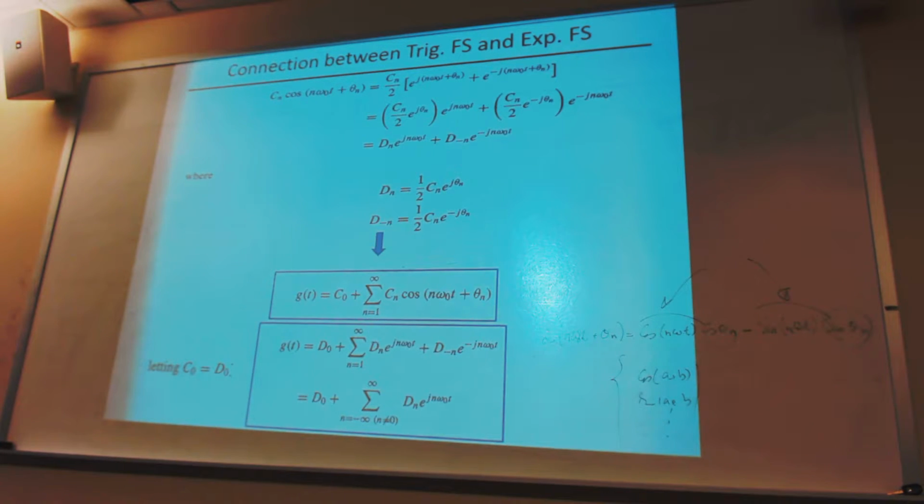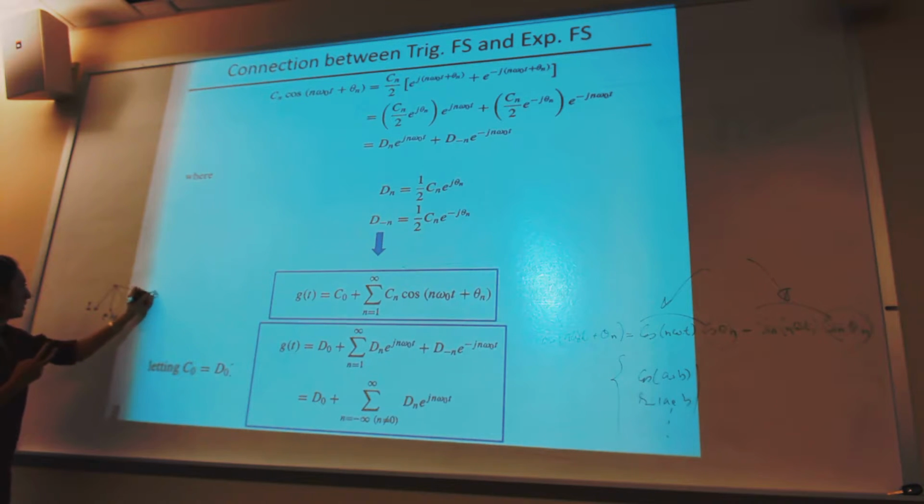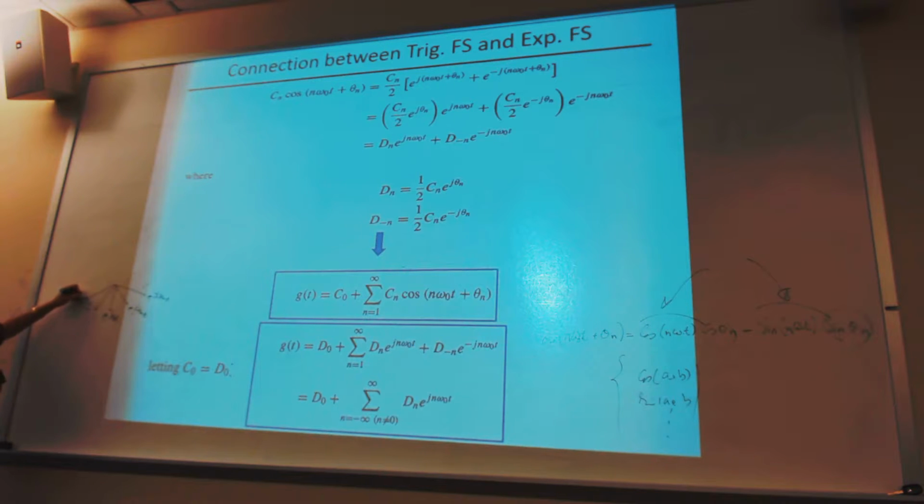I hope you have this picture in your mind that you have all these bases. You have 1, you have e to the j omega naught t, the first harmonic, e to the j 2 omega naught t, the second harmonic, e to the j 3 omega naught t, the third harmonic, etc. And also you have the negative of that, e to the minus j omega naught t, e to the minus j 2 omega naught t. How many of that?